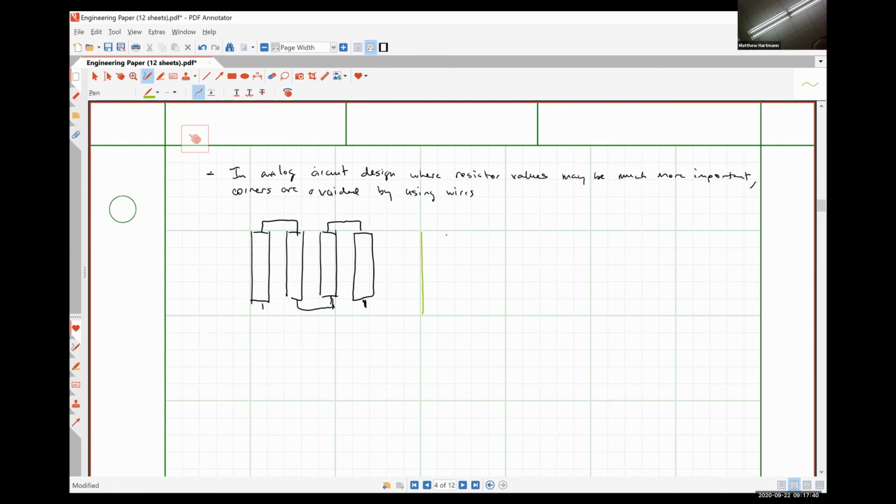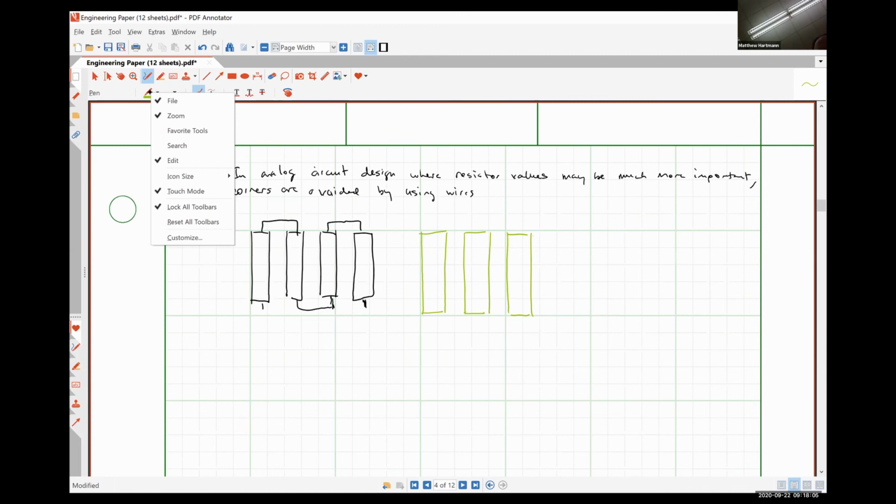So you would start with a couple of N-well sections like this. You would put in an N+ implant.